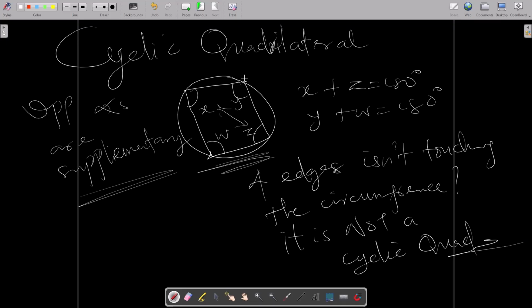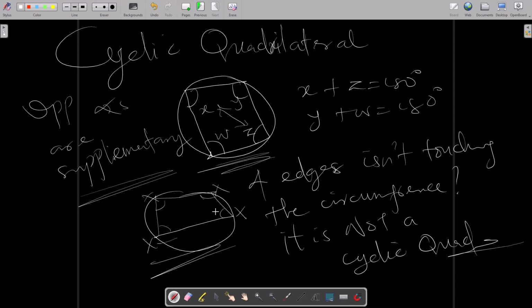It has to touch this point, this point, this point, this point. So you have something like this that goes like this. It is also a cyclic quadrilateral because it's touching the 4 points.